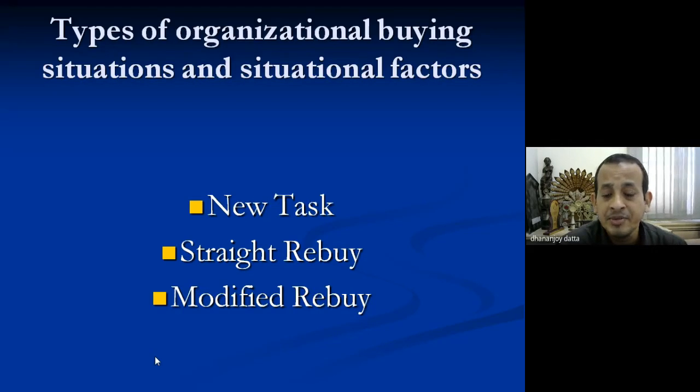Then modified rebuy involves the process where the company repeats the earlier order with some modification. Modification can be in terms of quantity, quality, time of delivery, in any area. So these are the three types of organizational buying.